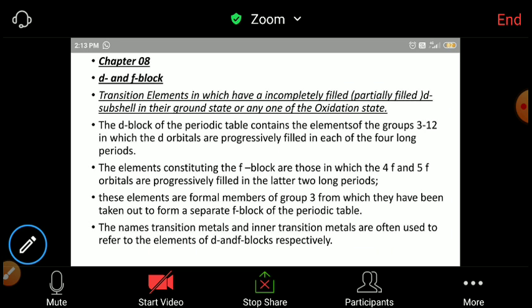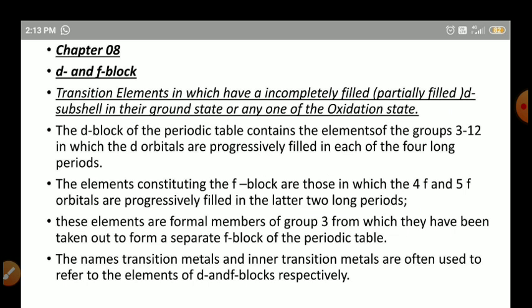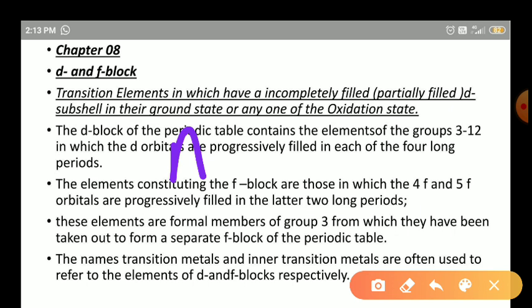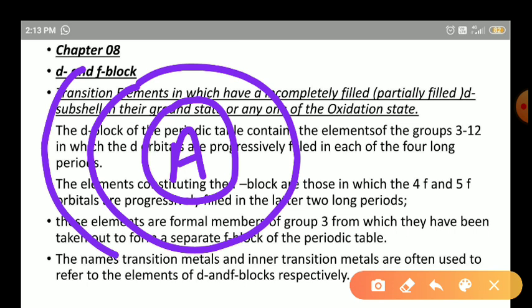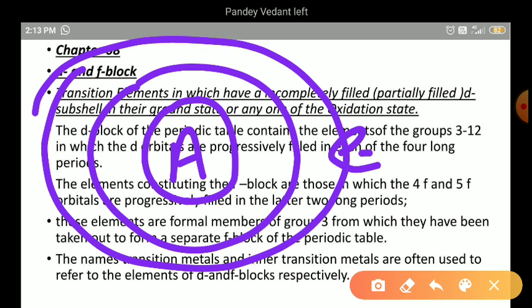And these D block elements are also called the penultimate shells, because in any atom the outermost electrons are called the valence shell.